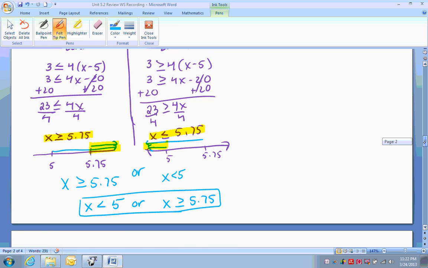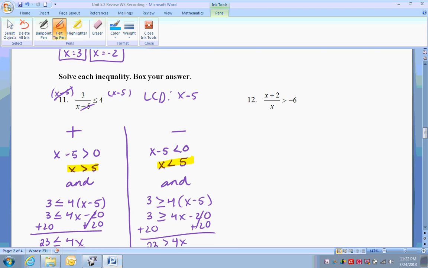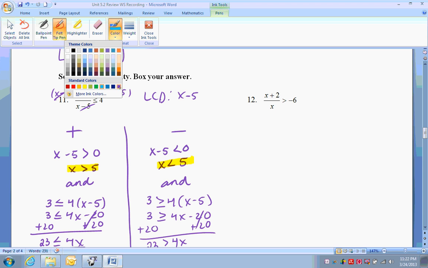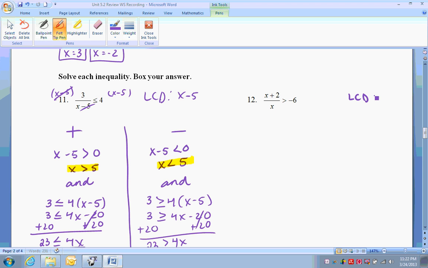Okay, so now let's try another inequality. In this case, our LCD is x. So let's look at the cases where it's positive and negative. Well, x is positive when x is greater than 0. And like I said, we would multiply both sides by that LCD.